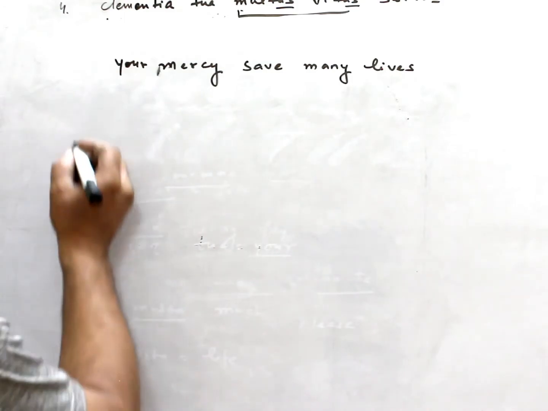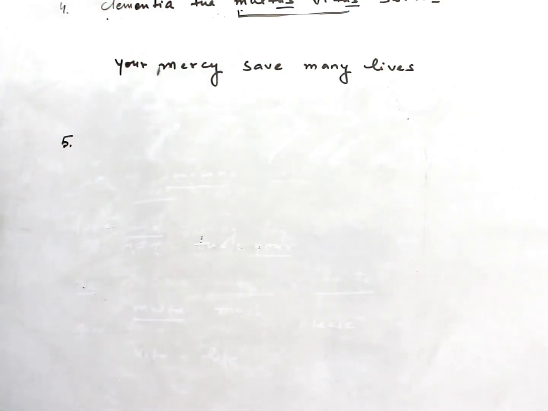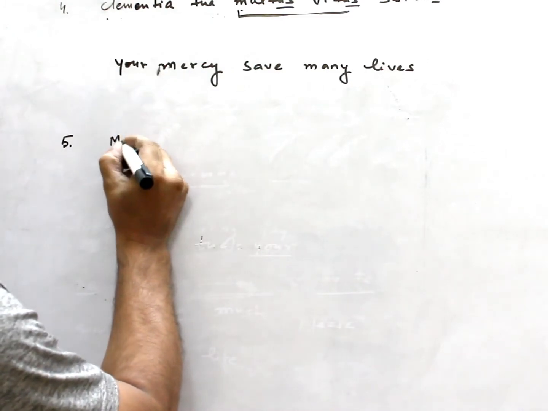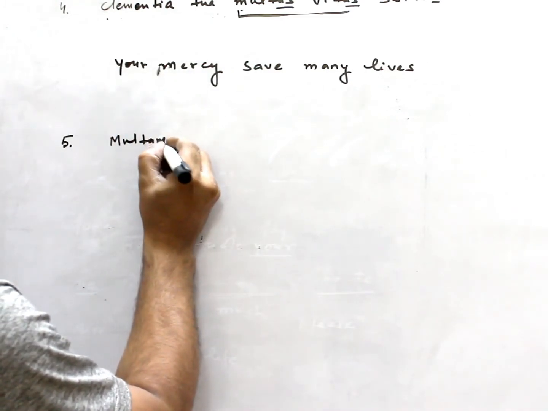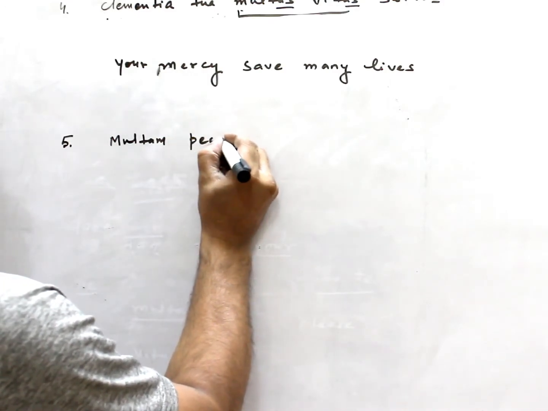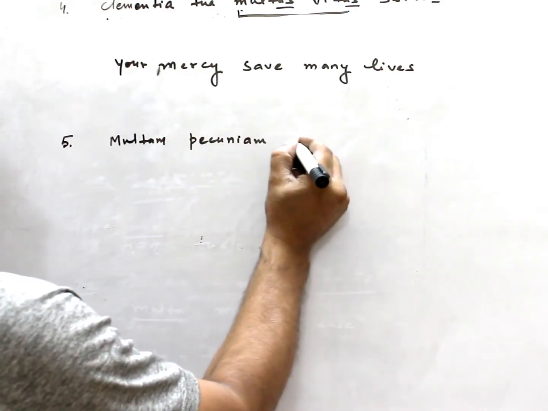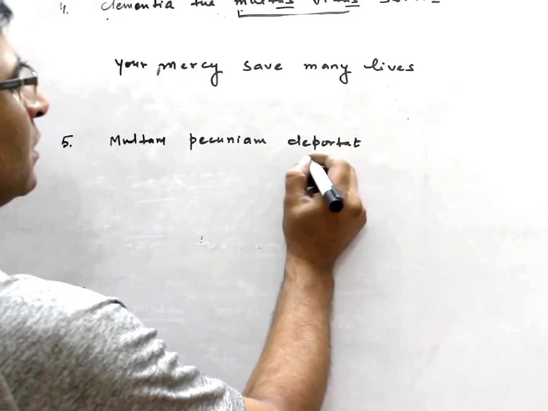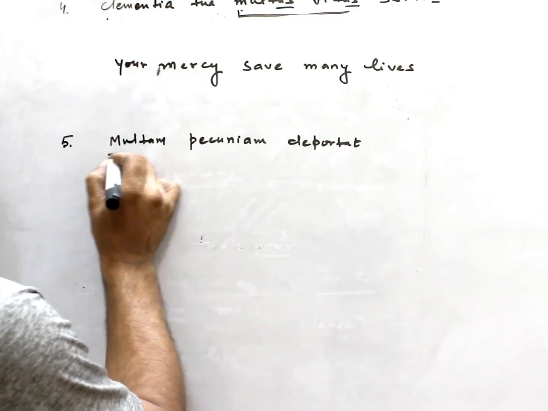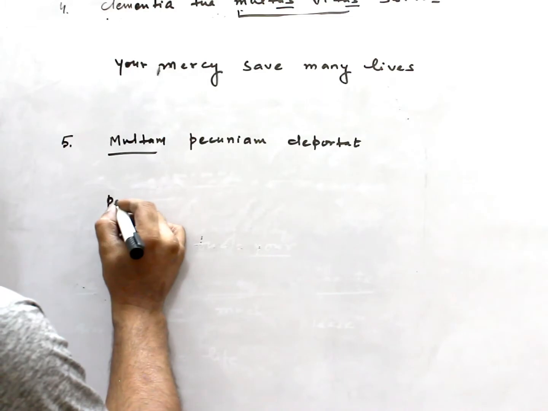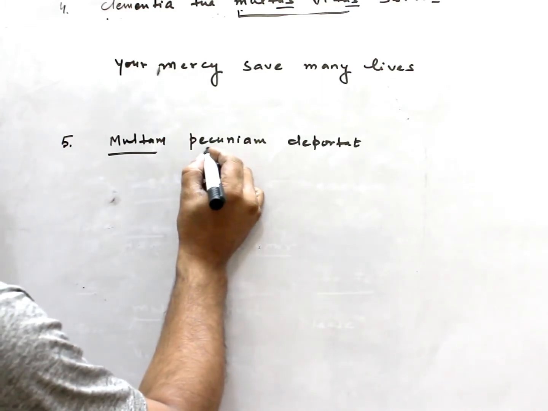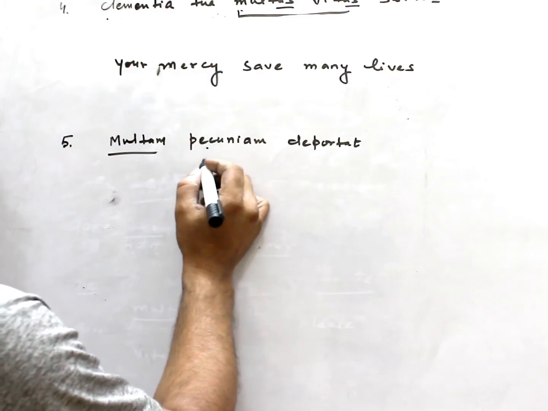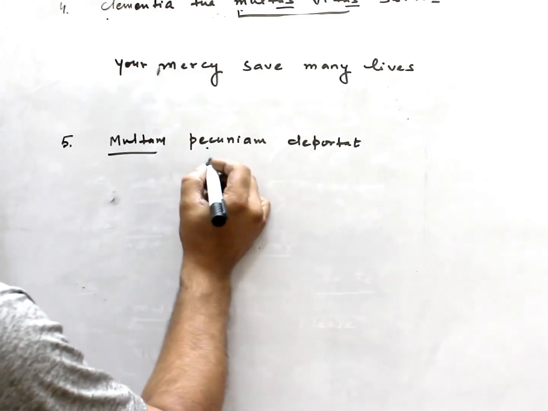Now we come to the fifth sentence: multam pecuniam deportat. Multam means the same, much or many. Pecunia is money, or wealth.